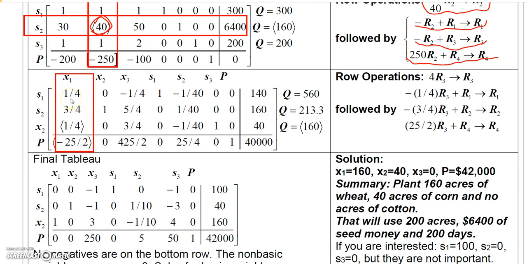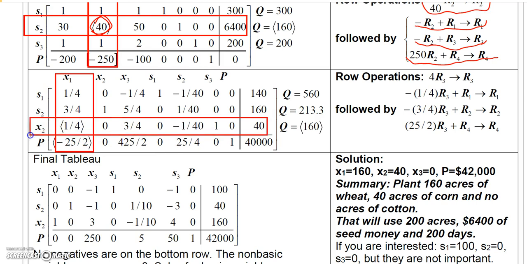And now I have to divide 1/4 into 140, which gives me 560. Divide 160 by 3/4. So in other words, divide 3/4 into 160. And I got a little over 213. I just used a calculator. And then 40 divided by 1/4 would be 160. So looking at those three quotients, 160 is the smallest one.